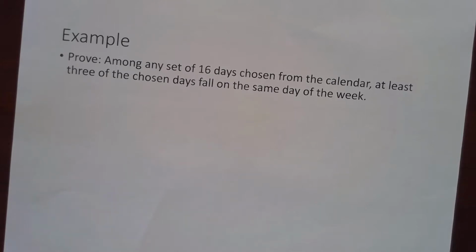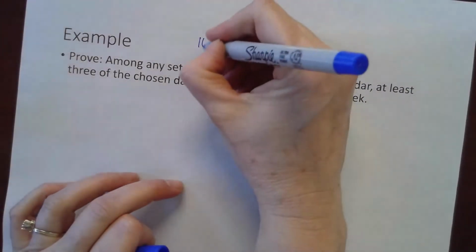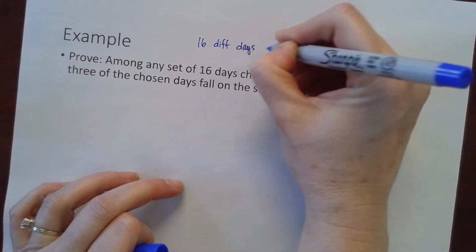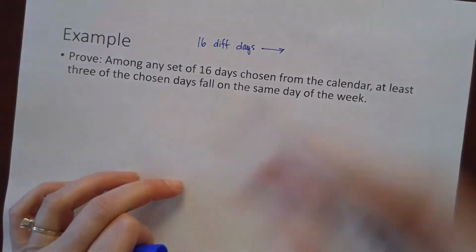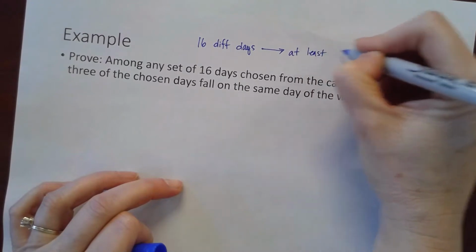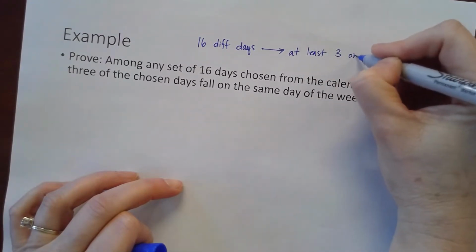Among any set of 16 days chosen from the calendar, at least 3 of those days will fall on the same day of the week. So 16 different days implies at least 3 on the same day.